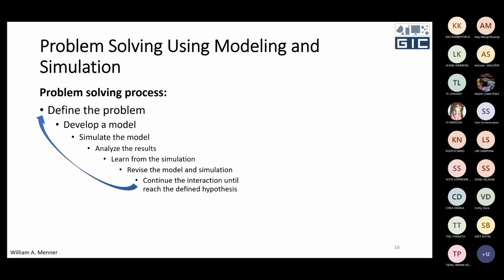So in order to solve one problem, first of all, I try to identify the problem. After that, I develop the model. I simulate my model, and after I simulate it, I get the result. I learn from the simulation about the conditions, the result, and how the system performs. After that, I rewrite the model and simulate it again.